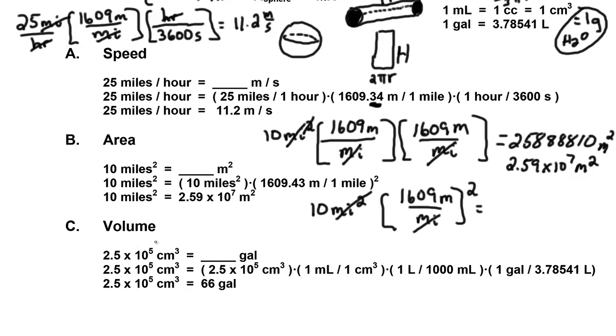So let's do volume. We have 2.5 times 10 to the 5th cubic centimeters, and we want to determine the number of gallons.